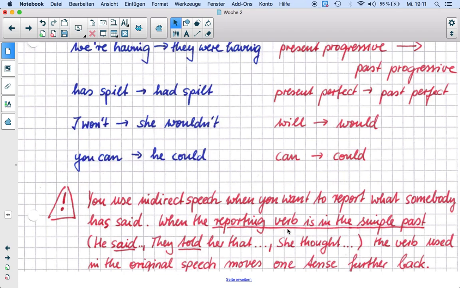When the reporting verb is in the simple past, as for example in he said, they told her, she thought, yeah, these are the reporting verbs in simple past, then the verb used in the original speech moves one tense further back. And I'm going to show you in another picture what it means to move one tense further back.